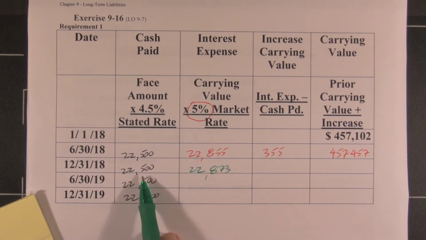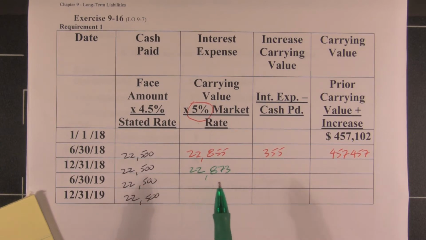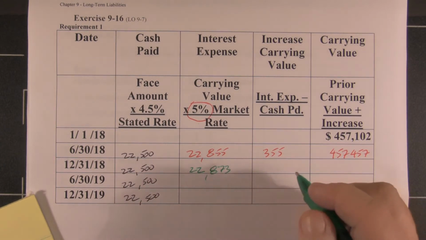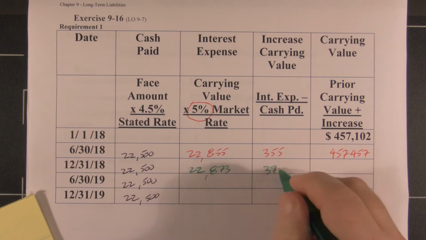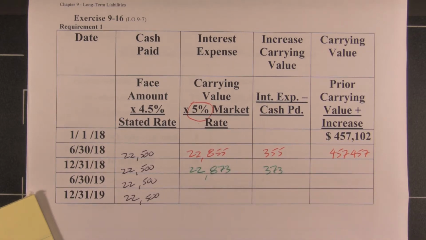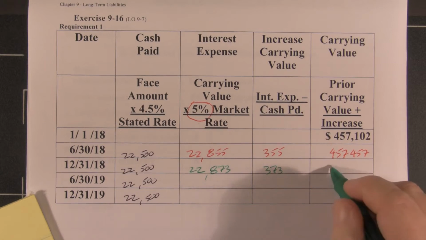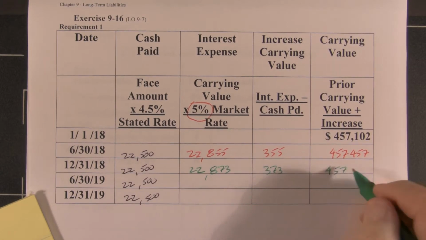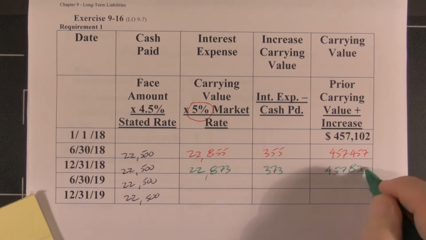And the difference between $22,500 and $22,873, which is $373, is the amount amortized. That gets added to the carrying value, and the new carrying value now comes to $457,830.